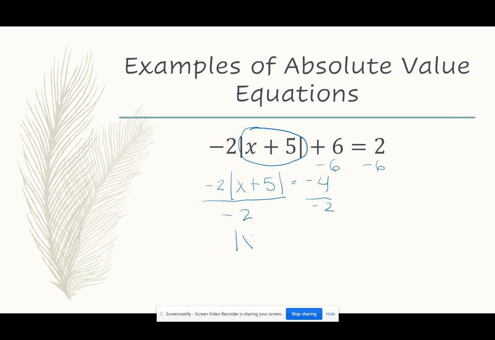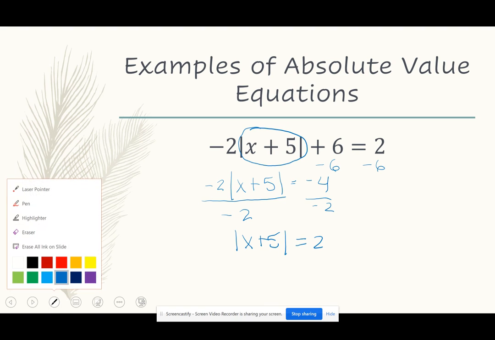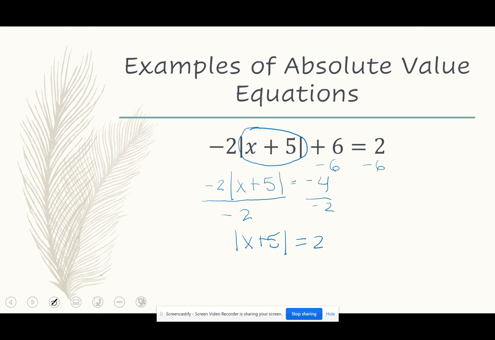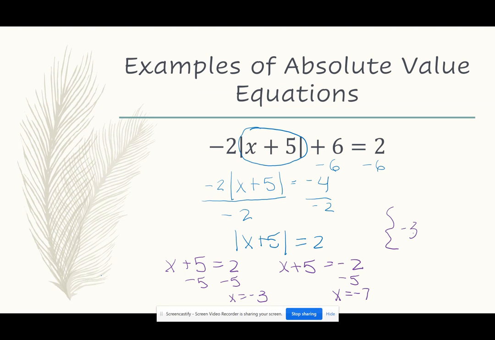We get the absolute value of x plus 5 equals 2. Now we're going to set this equal to the positive and negative of our new answer. So x plus 5 equals 2, and x plus 5 equals negative 2. Then subtract 5 from both to solve. We get x equals negative 3 and x equals negative 7. Write it in your coordinate set.